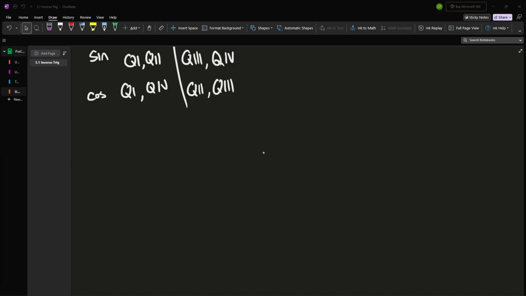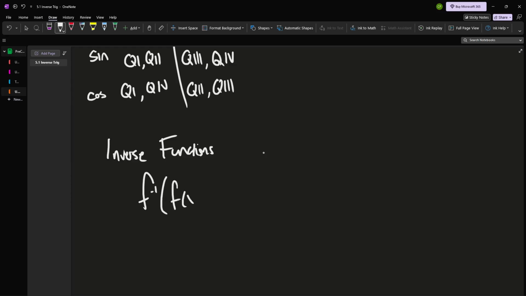One part about inverses is this. Inverse functions, back in Unit 2, have this property where the inverse applied to its original function will give me x. Because f of x, f goes from x to y, for example, and its inverse goes from y to x, because it swaps the domain and range.